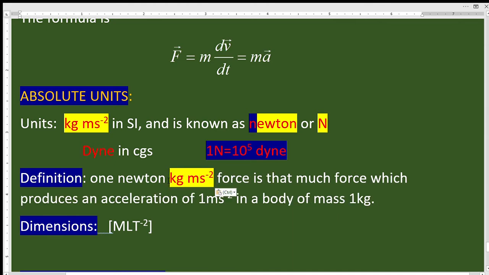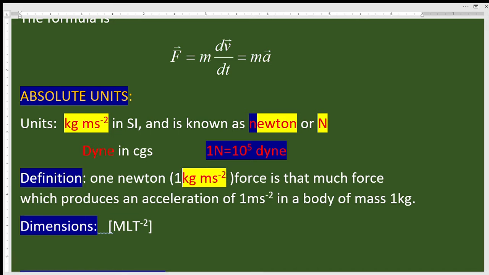So 1 Newton, or you say 1 kg meter per second square, or 1 kg m s minus 2, is that much force. Because we are now talking in terms of numbers, and we want to feel that number, how much is that number.